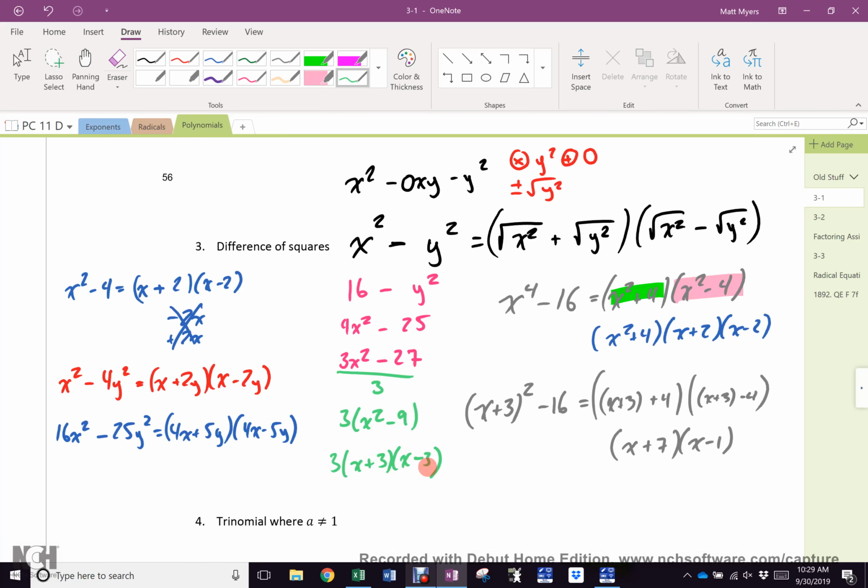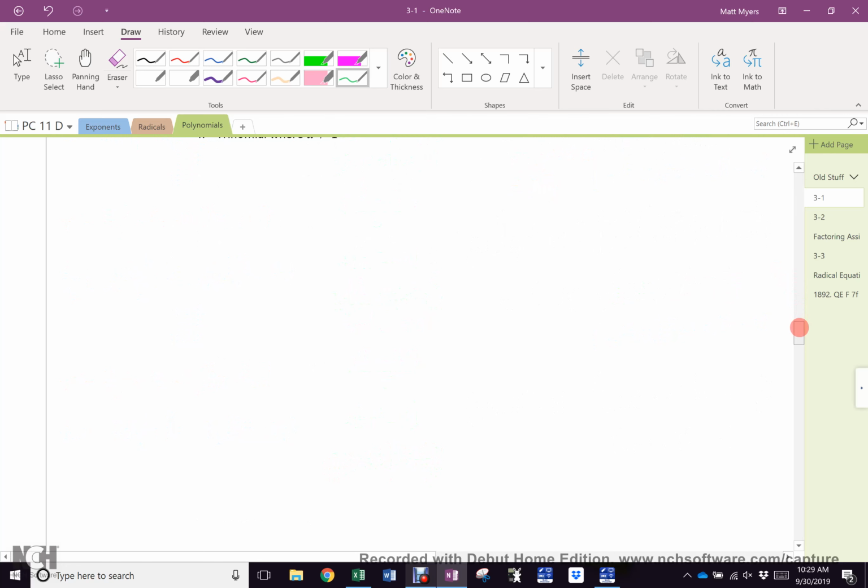Everyone is good to there? All right, now we get to the one that actually causes problems. And for some strange reason, I just learned, remember how last year I said I knew 3 ways to do these? I just learned a 4th way to do them. I show all 4 ways, and kids still, I don't know.